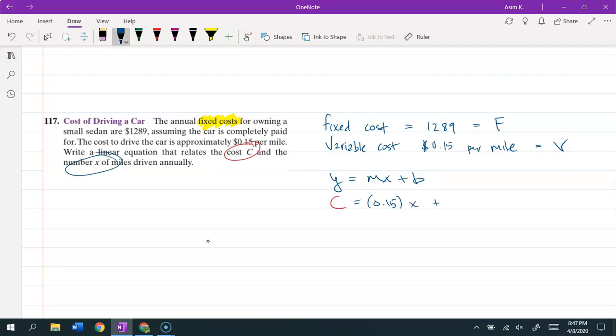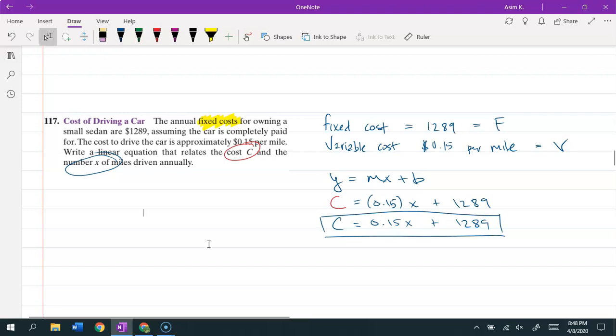And then you basically add F to it, which represents the intercept, basically. So 1289. And so this right here is the equation that will help you tell how much cost will be incurred by this car if it is being driven a certain number of miles.